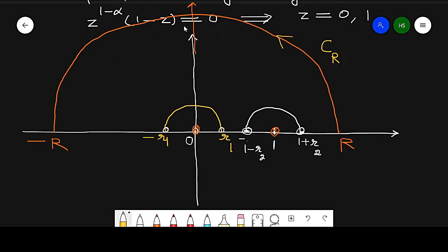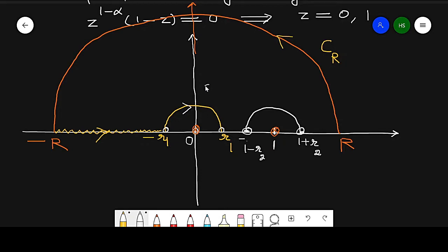Now going this way, this is minus R, then it is the real axis from minus R to minus r1. So next integration is this, from minus R to minus r1. After that we have this circle, in this direction, which is a clockwise direction.